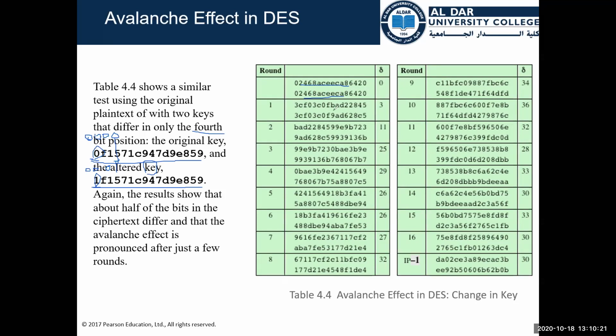We have no change here, but for the second round, we have 3 bits changed. Here we have 11. At round 8, we have more than 32 bits changed. And that's a huge number. So the avalanche effect is found here. We change just a little thing in the key, and we get a completely different output ciphertext in each round.